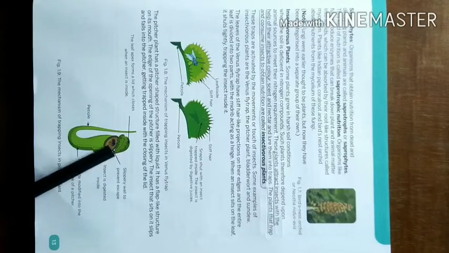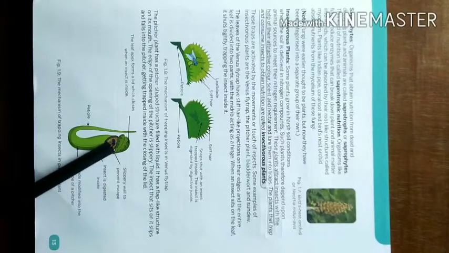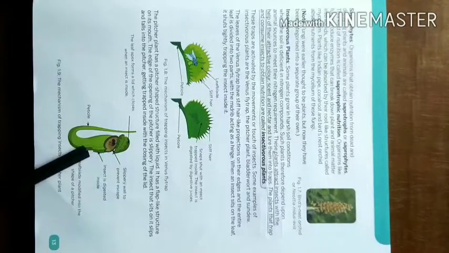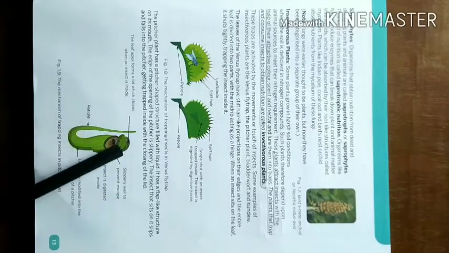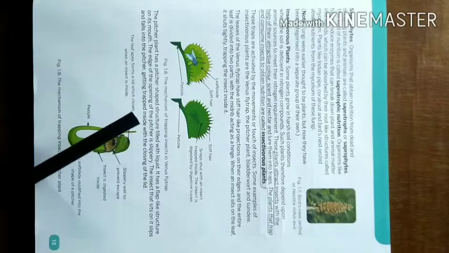That means when insects sit here, they slip into the pitcher plant, and here the insect is digested inside the pitcher body. The pitcher shape is the leaf blade, which is modified into the shape of a pitcher, and that one is the petiole. When an insect sits here, it slips from that surface inside the pitcher, and that lid, a flap like structure, gets closed, and here the insect gets digested. So that is a pitcher plant.